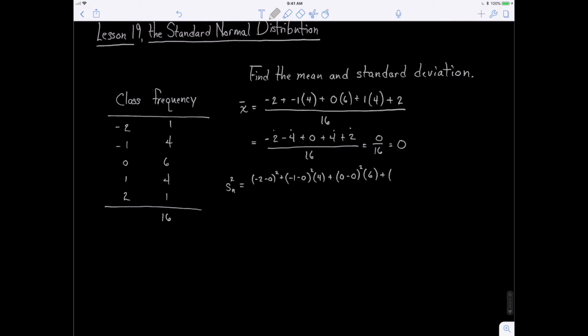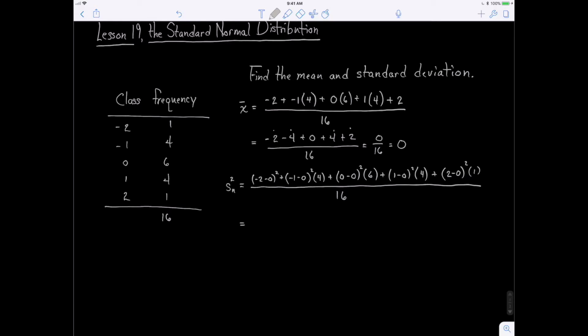Take the next data, that's 1, we subtract the mean, we'll square that, and we have 4 of those. Plus, our last data value is a 2 minus the mean of 0, we'll square it, and we remember we only have 1 of those. And then we're going to divide that by 16.